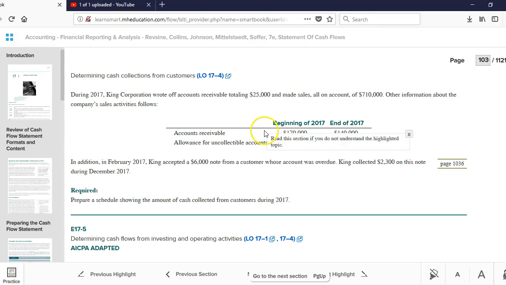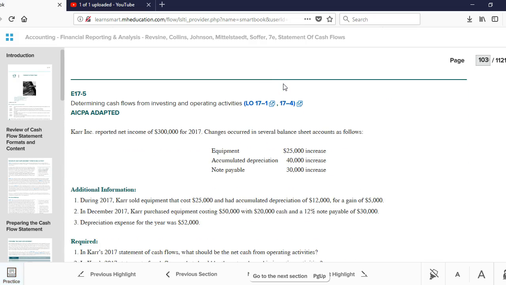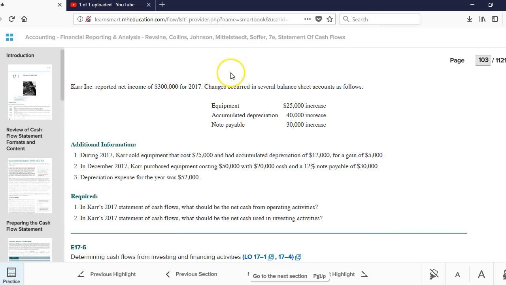Okay, the next question is question 5, 17-5. And it says here that Car Inc. reported net income of $300 for the year. And we had some account balances here, equipment, accumulated depreciation, and notes payable. During the year, they sold equipment that cost $25 and had accumulated depreciation of $12 for a gain of $5.